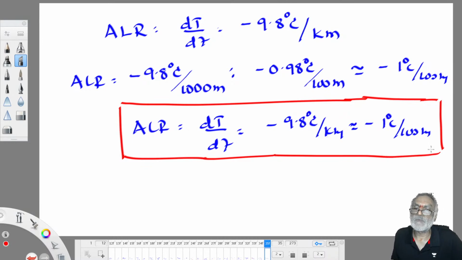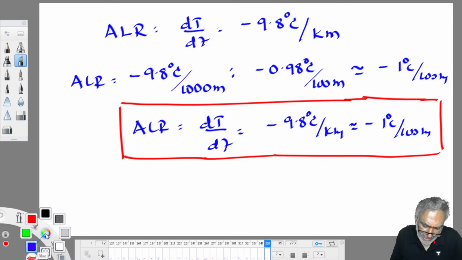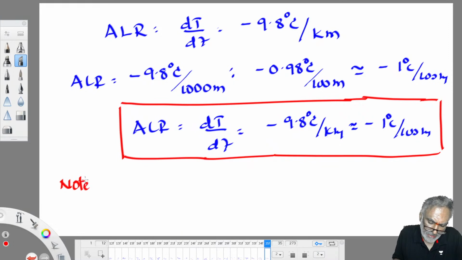The point which you need to remember is any rising warm air parcel in the atmosphere always follows adiabatic lapse rate. Either it is smoke of a stack, or smoke of a cigarette, or smoke from the exhaust of an automobile, whatever it may be.